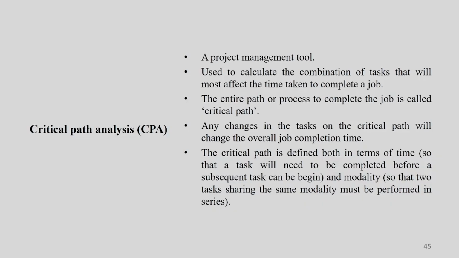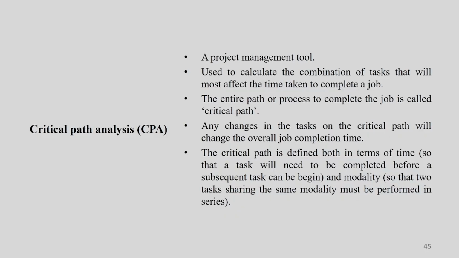We are going to understand the combinations of those tasks which are actually causing the time consumption in the whole job. The entire path or process to complete the job is called the critical path.